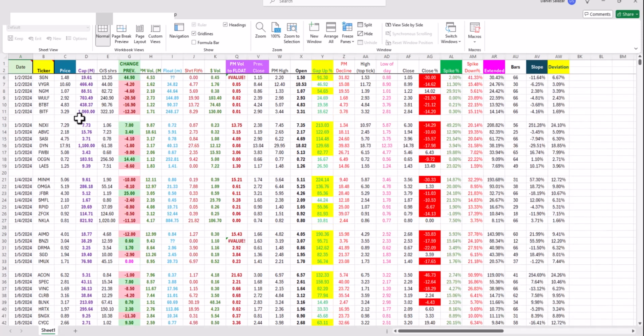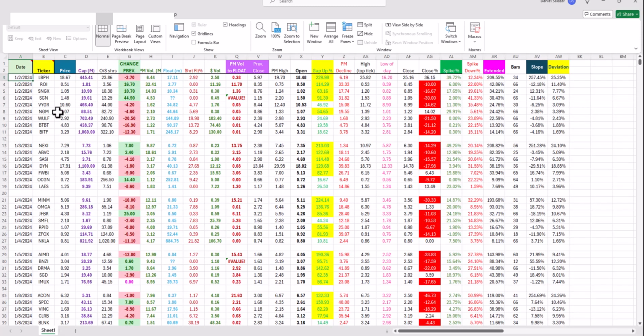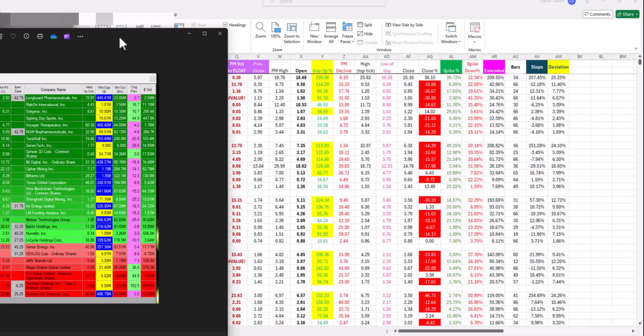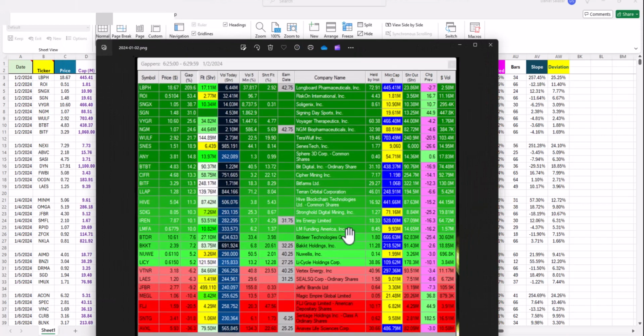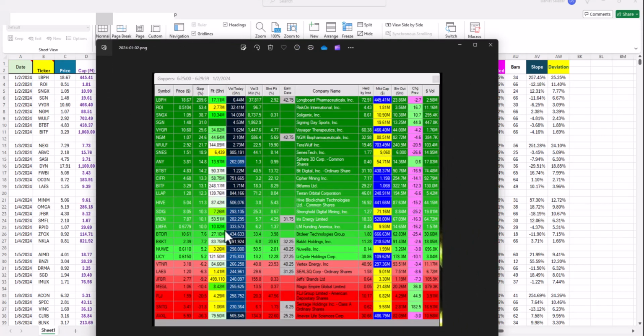For example, let me give you an example. Here in January 2nd, 2024, pretty much what I do is I would use any scanner. And what I look for is pretty much anything that has gapped up over 5%.